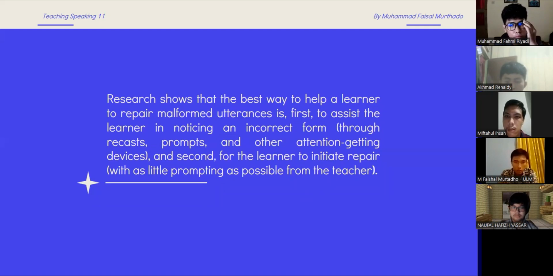So in the first point, we should assist the learner in noticing the error that they make using recasts, prompts, and other attention-getting devices. And the second point depends on the learners themselves to initiate repair, with help from us giving them notice that they are making mistakes. Next slide, please.